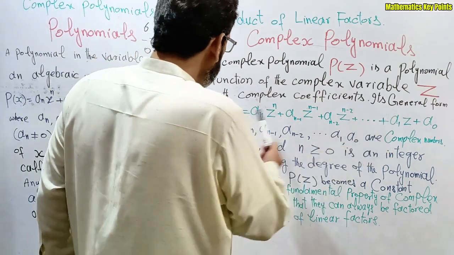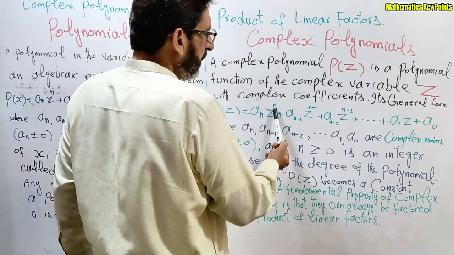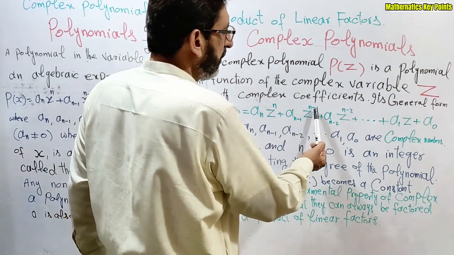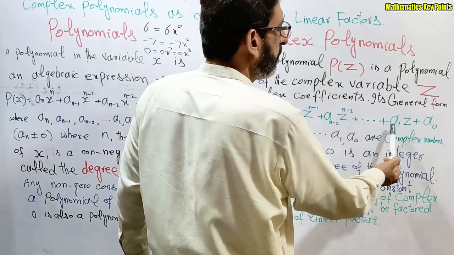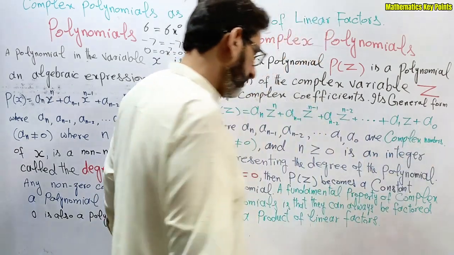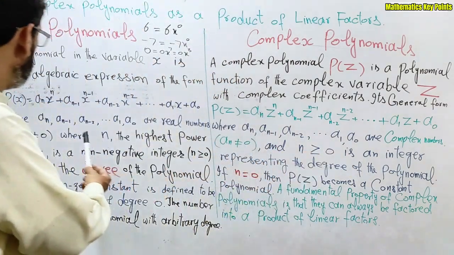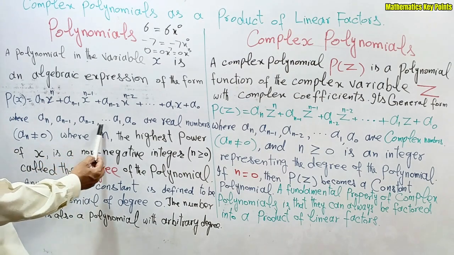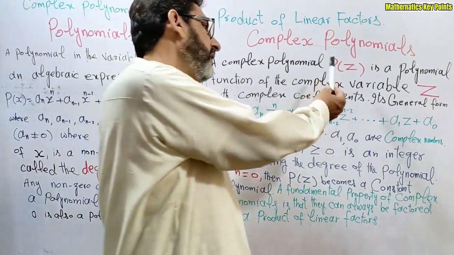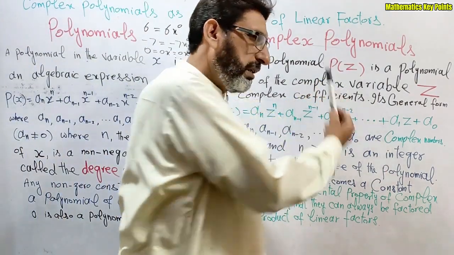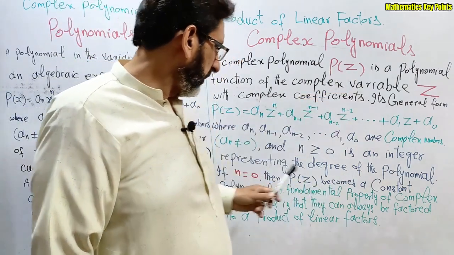Its general form is p of z equals an z power n plus an minus 1 z power n minus 1 plus an minus 2 z power n minus 2 plus so on, a1 z plus a naught. These coefficients, an minus 1, an minus 2, are complex numbers because the variable z is from the set of complex numbers.